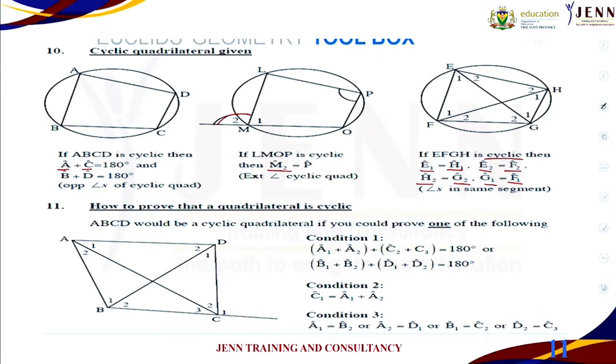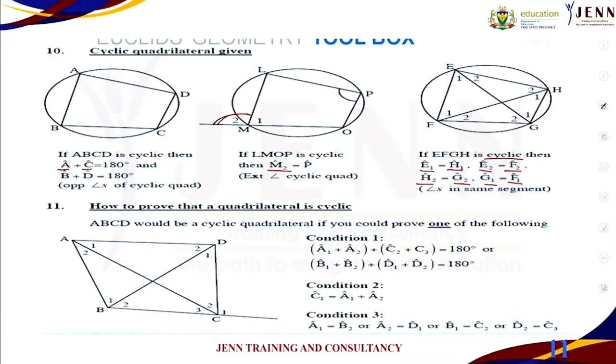Now, how to prove that a quadrilateral is cyclic? Whenever you are supposed to prove that a quadrilateral is cyclic, remember, ABCD would be a cyclic quadrilateral if you could prove one of the following.